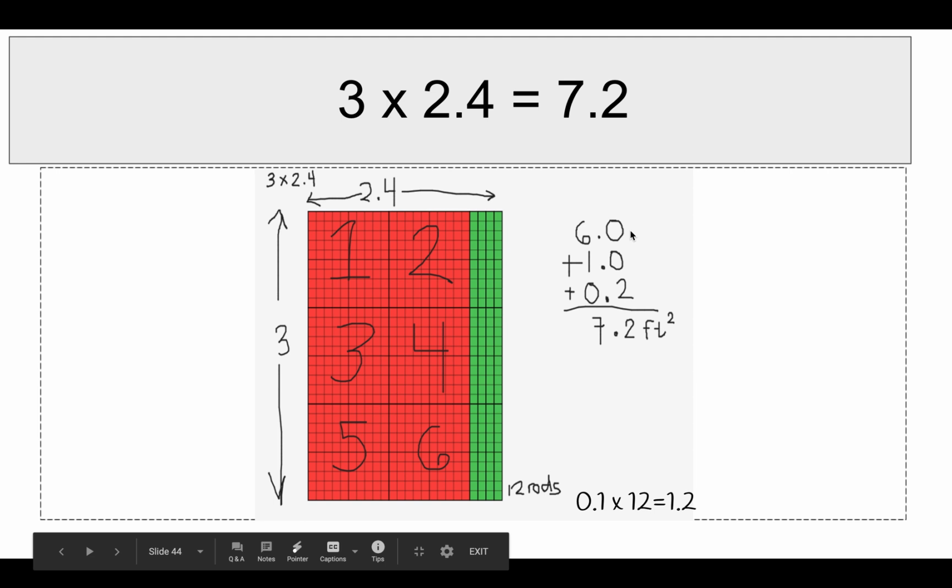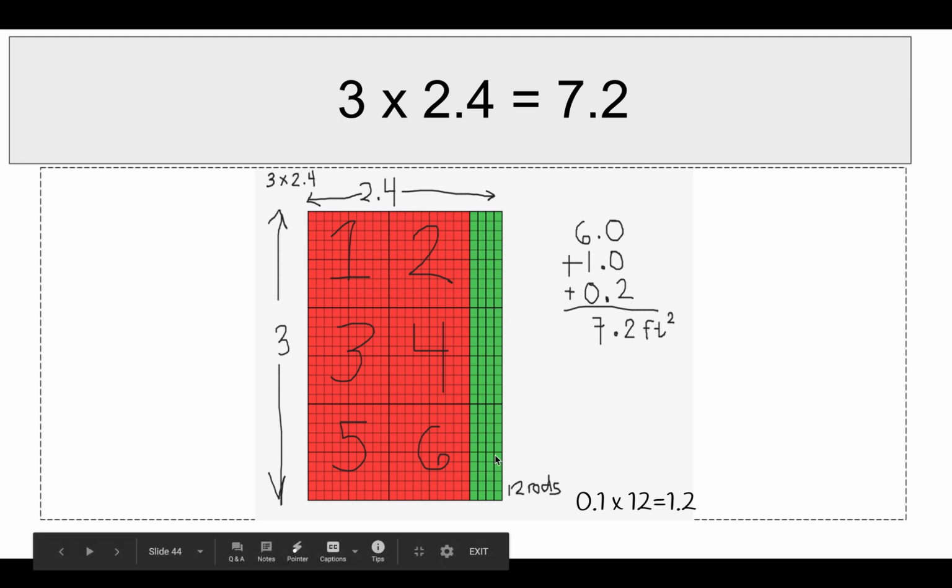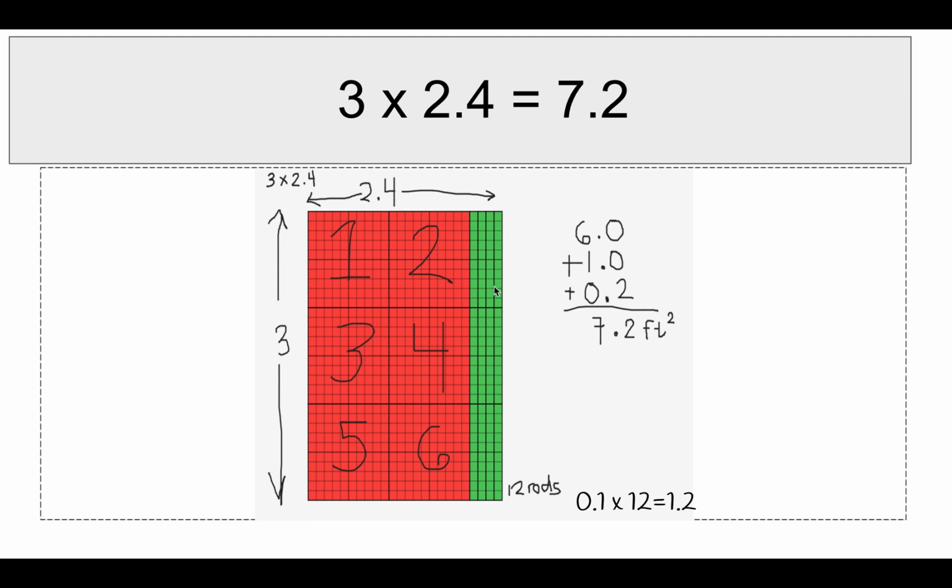So that's 6. And then I see that there's 12 tenths. This student called them rods, so that's like sticks. So there's 12 tenths. And I know that that's equal to 1 whole block and 2/10 of a block. So in total, this is 7.2, they're calling them feet, 7.2 feet squared.